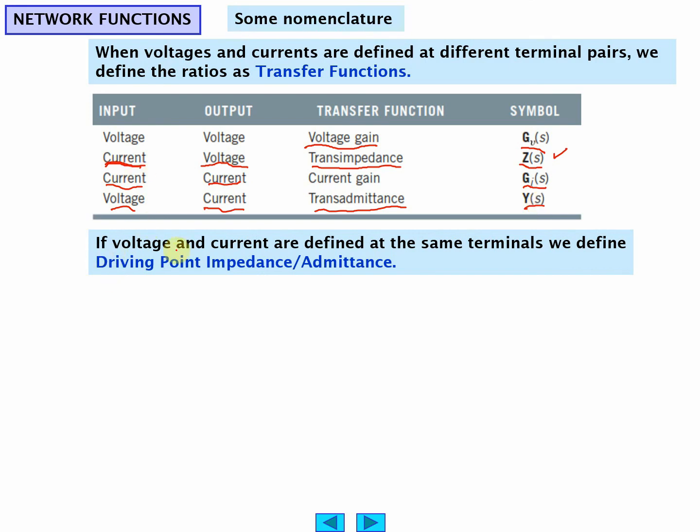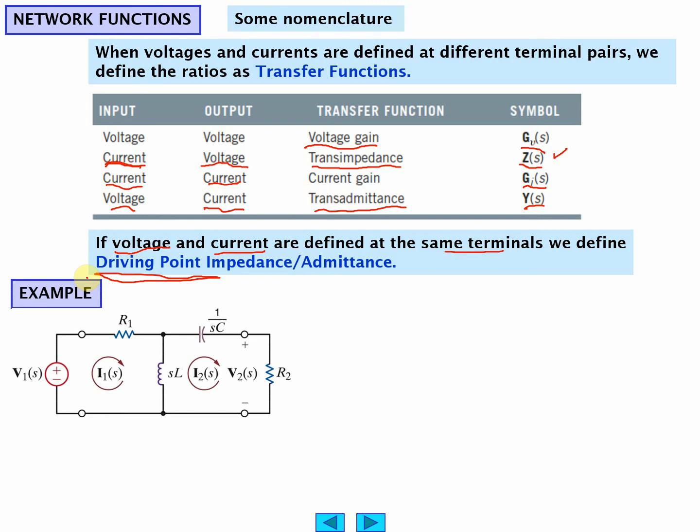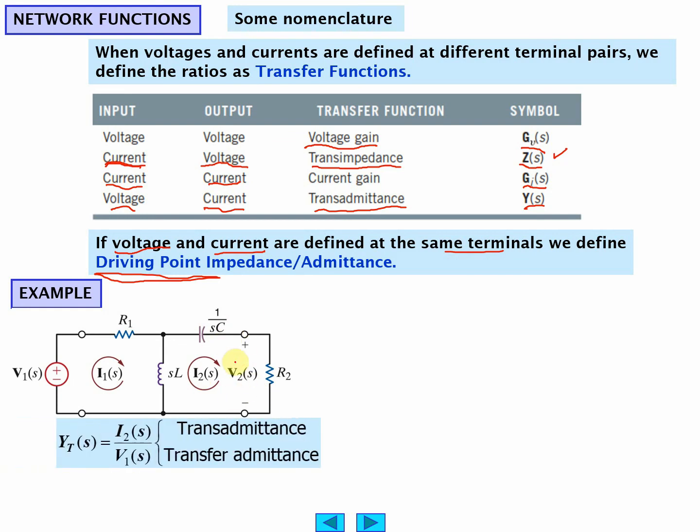So sometimes the voltage and current are defined at the same terminal. It's driving point impedance or admittance. So here's an example. You have a source voltage, you have current driving from the source, you have current coming out in the output. So the transadmittance would be I2 over V1.